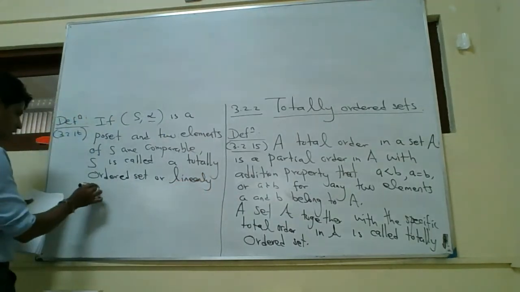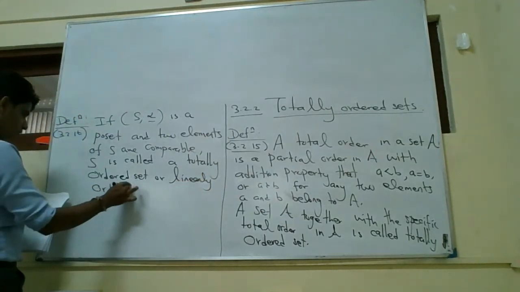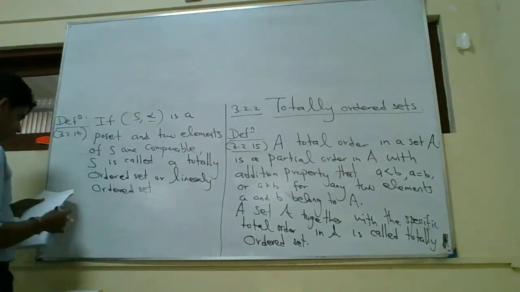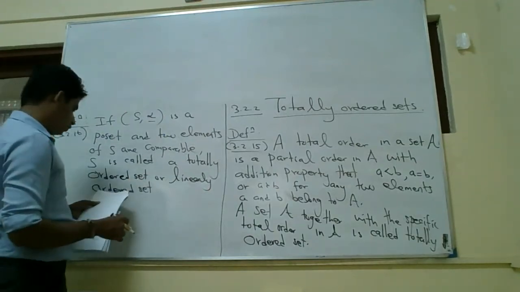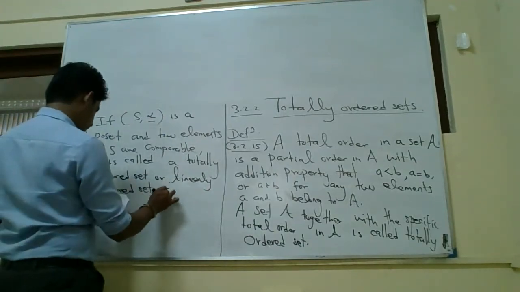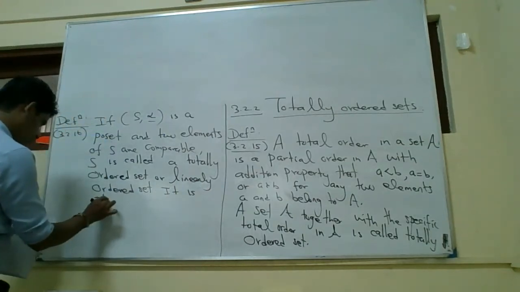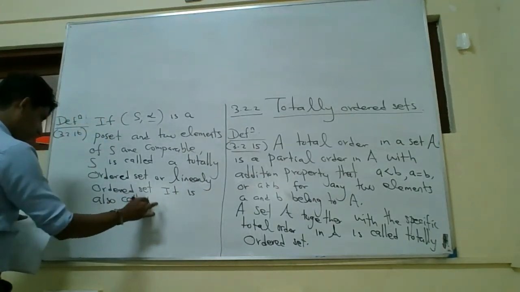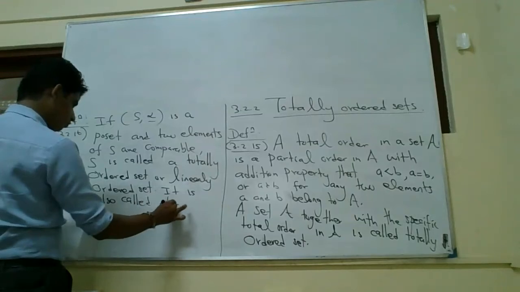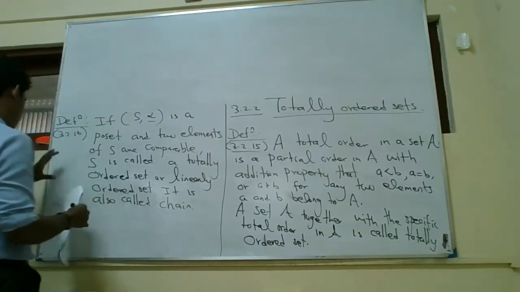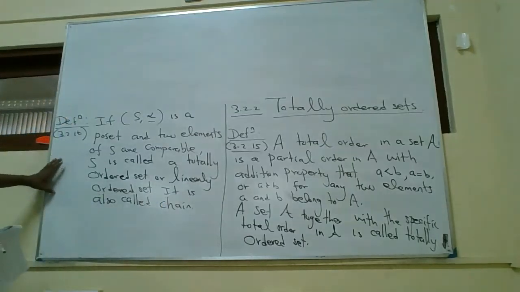It is also called by another name, chain. That means a partially ordered set in which any two elements are comparable is a totally ordered set, and another name for it is a chain.